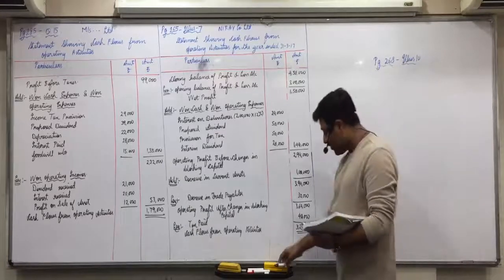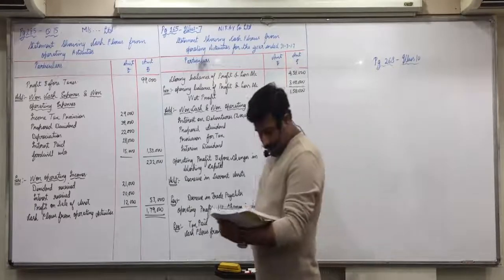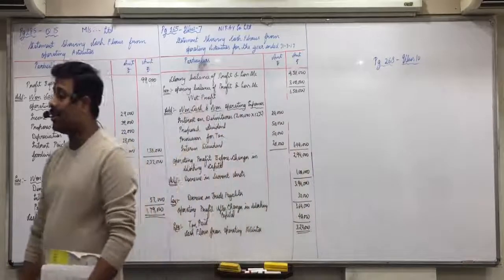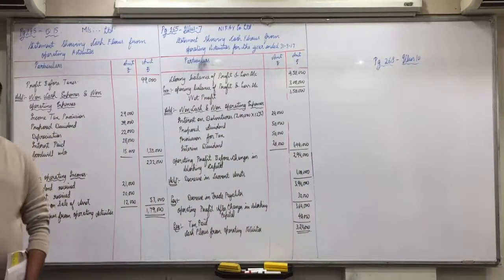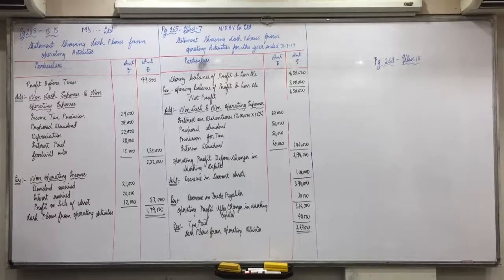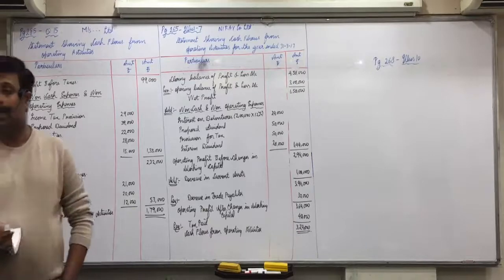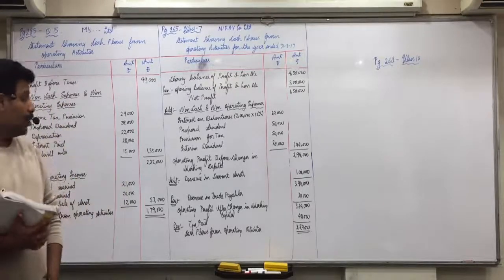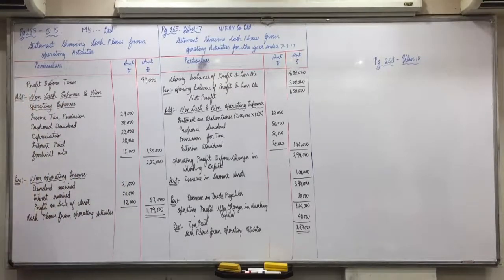Majority items will have no effect. You will not be able to do it as homework, so I need to do it in the class. Who all are still solving illustration 7? Raise your hand. Others may go through the question by that time.